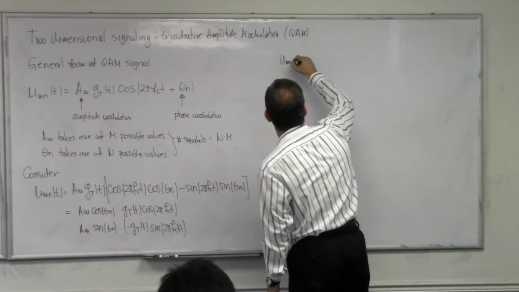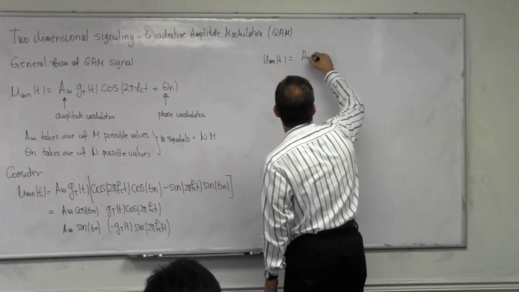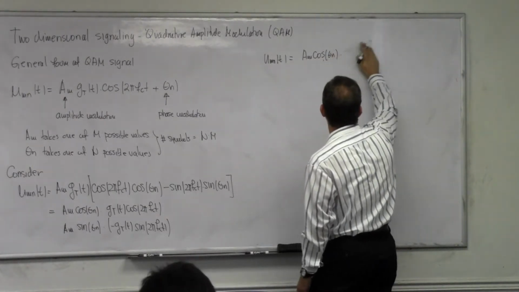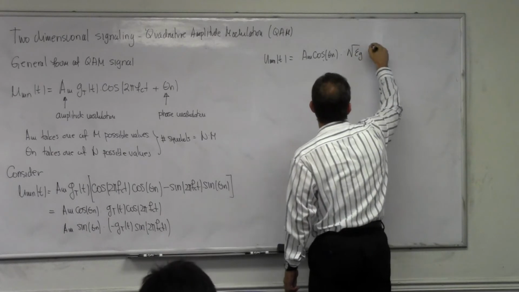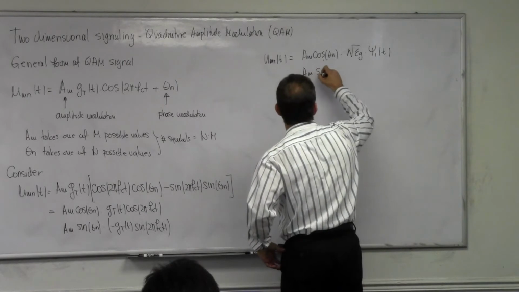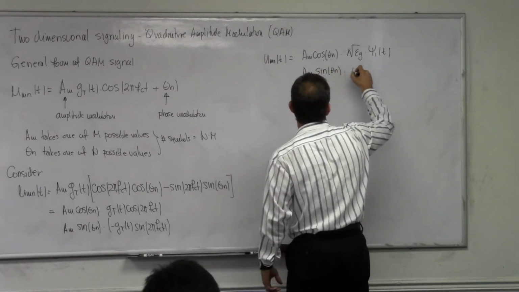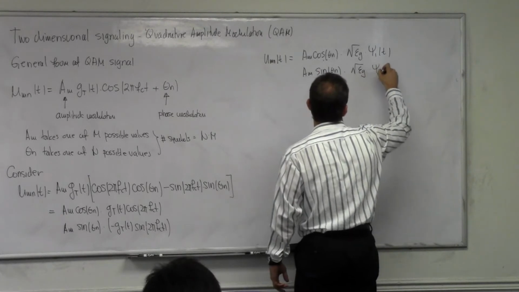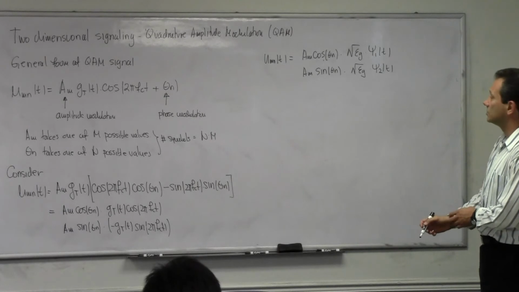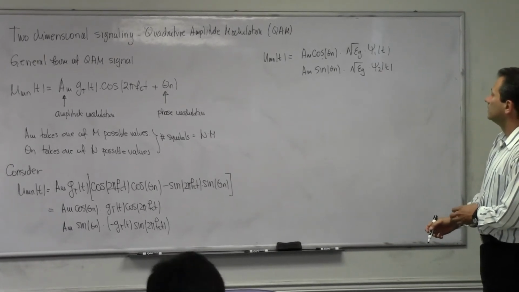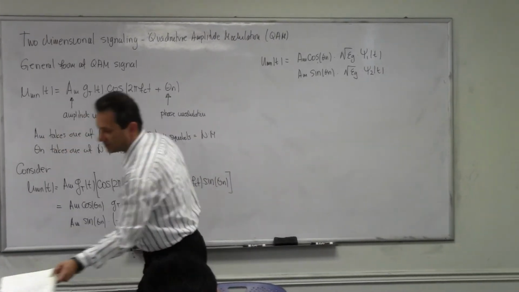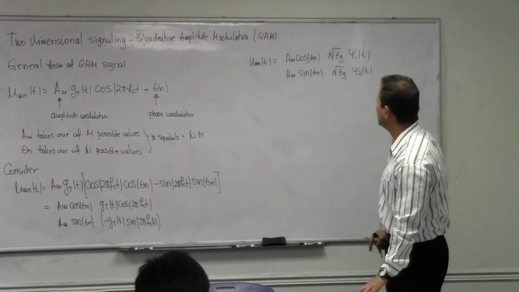So I see u m n of t as A_m cosine theta n times square root of energy times psi 1 of t, plus A_m sine of theta n times square root of energy times psi 2 of t, where psi 1 of t is my g_T times cosine, and then this other one is the square root of energy times. This one here is the sine, right? So I have two carriers in quadrature, which I'm using as basis vectors.